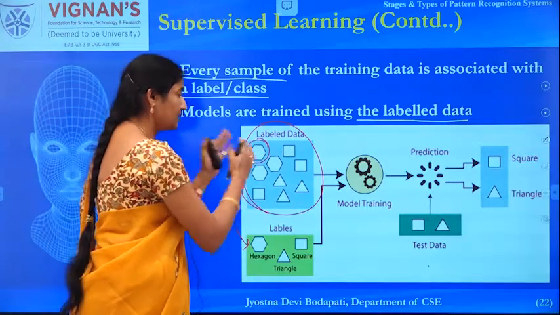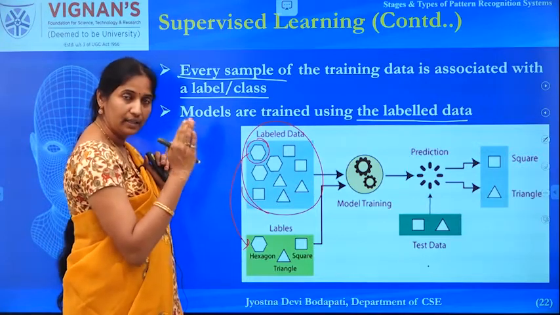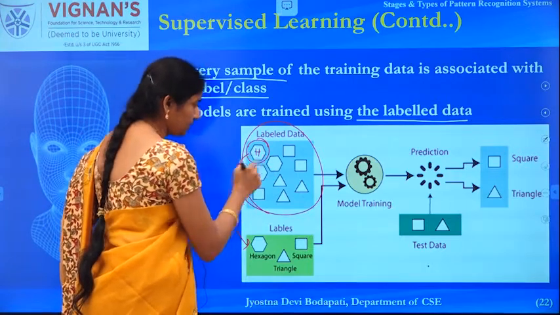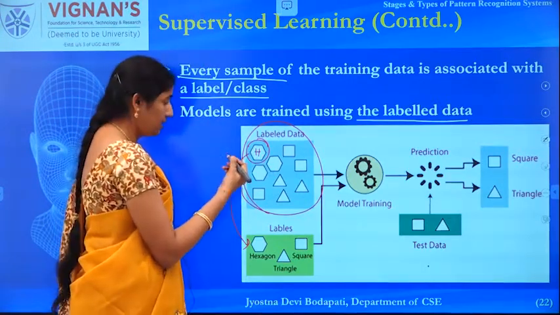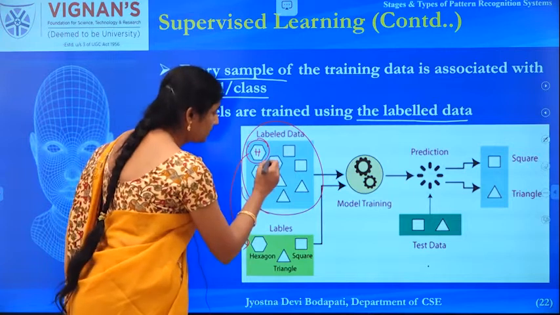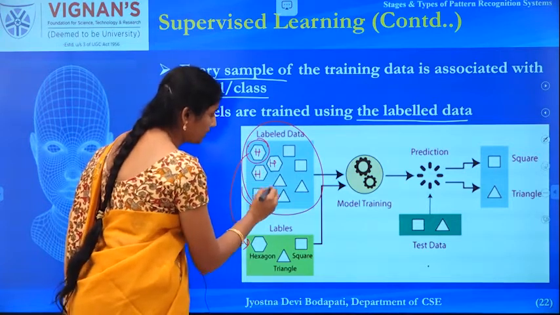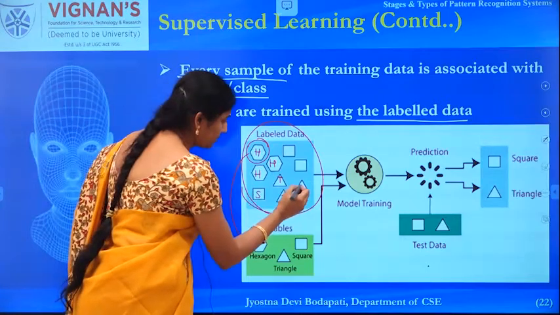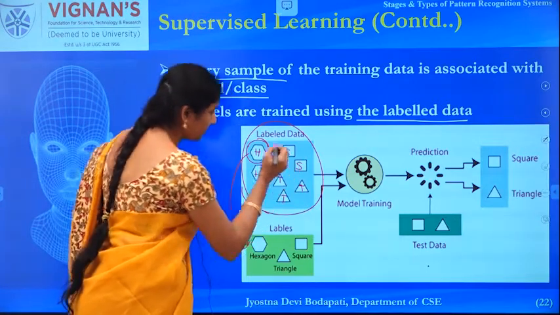Similarly, this is also a hexagon, this is also a hexagon, this is a triangle, this is a square, this is a triangle, this is a square, this is a square.